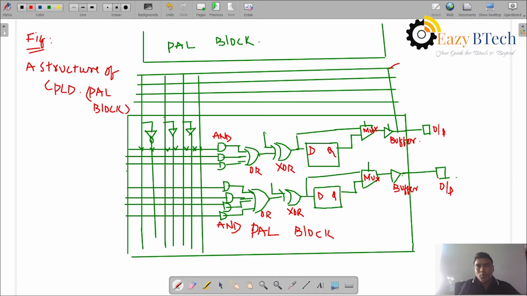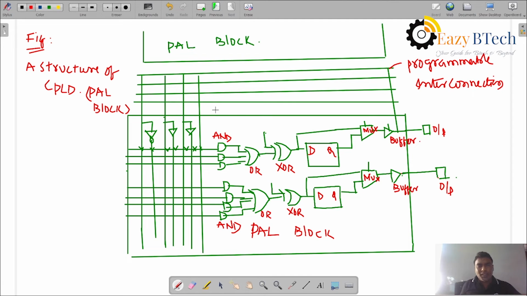These are the programmable interconnections.